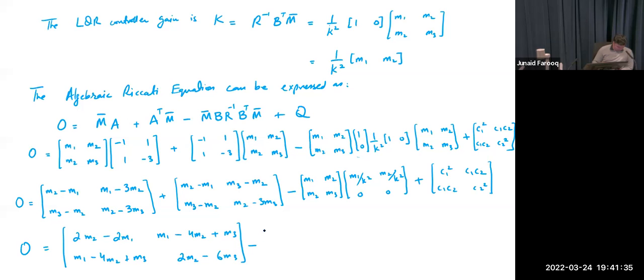Okay, and then here we have 1 over k squared: m1 squared over k squared, m1 m2 over k squared, m1 m2 over k squared, m2 squared over k squared, plus c1 squared, c1 c2, c1 c2, and c2 squared.